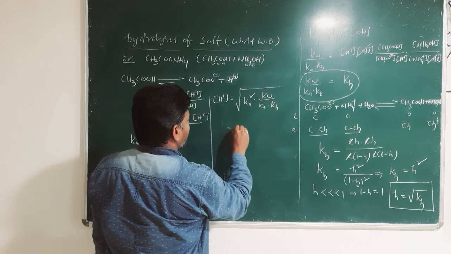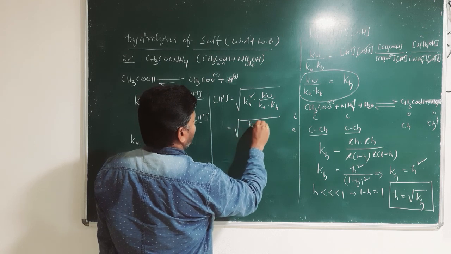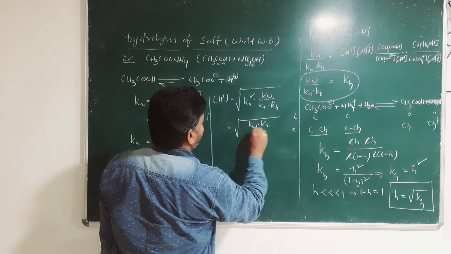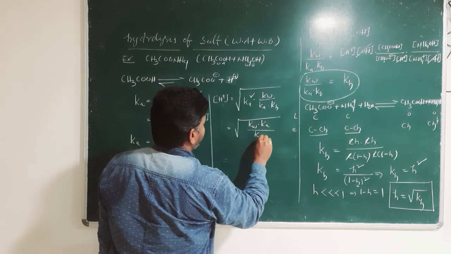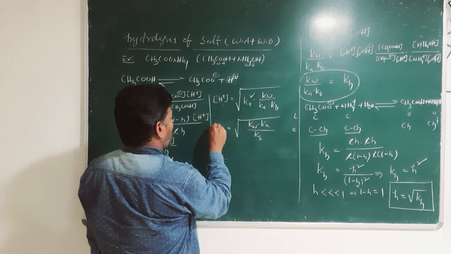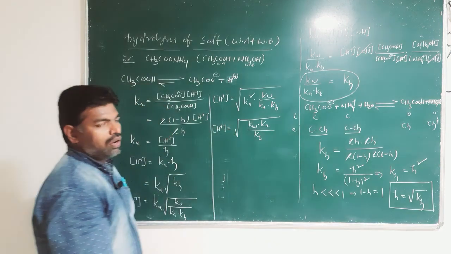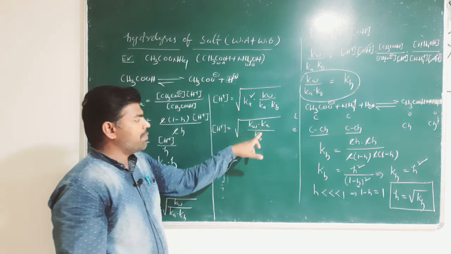Ka square by Ka cancels one time, giving Kw into Ka by Kb. So, concentration of H plus ions is equal to root of Kw into Ka by Kb.